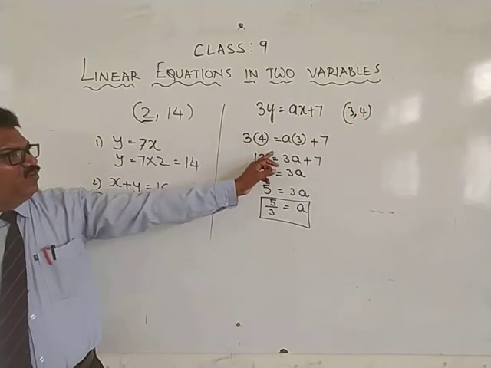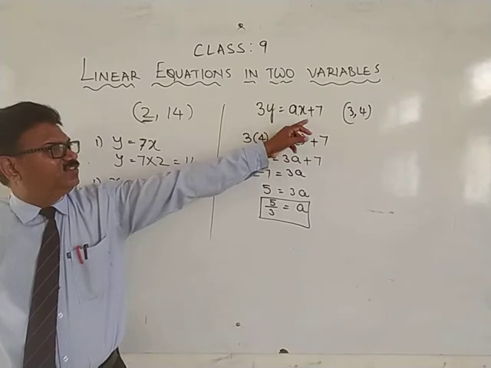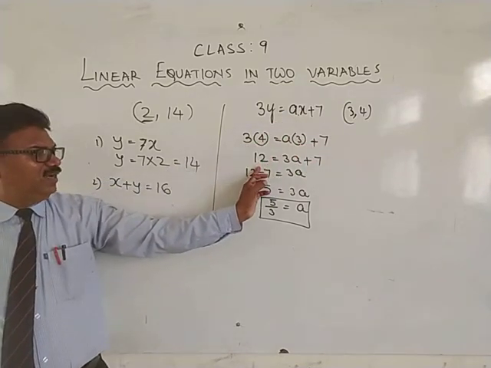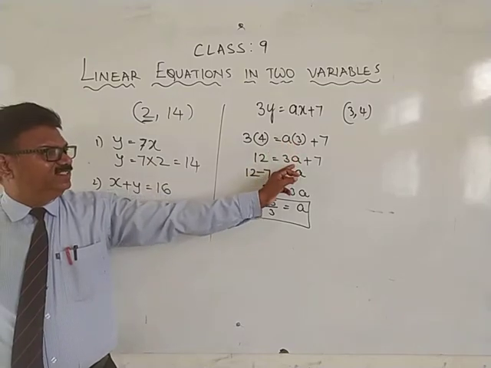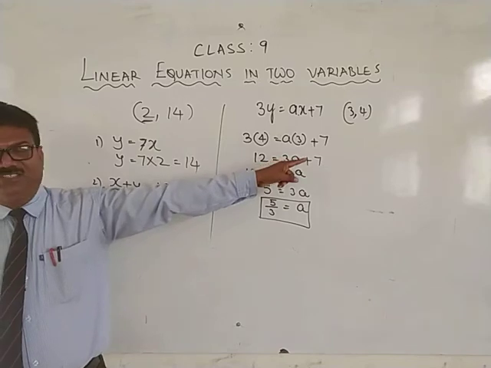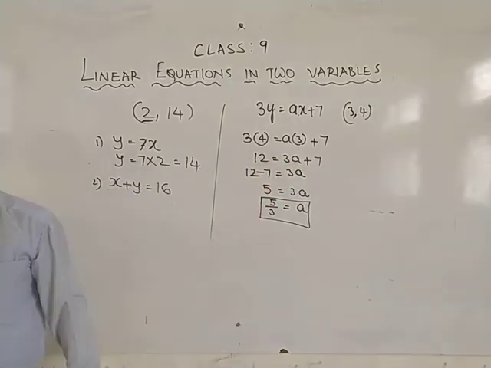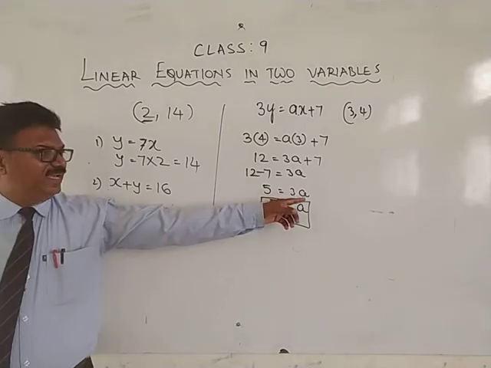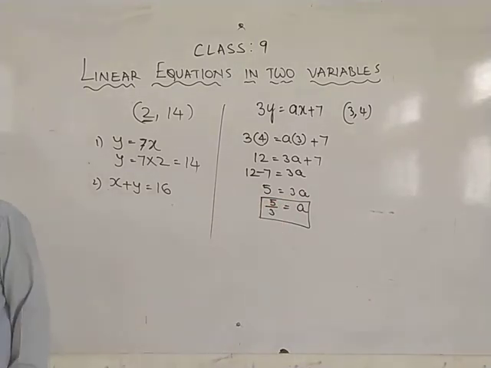Therefore 3 into 4 equal to a into x value, which is 3, plus 7. 3 4s 12. a into 3 is 3a plus 7. 3a equal to 12 plus 7. If it goes that side, it will become minus 7. 12 minus 7 is 5. Therefore, a equal to 5 by 3. Please take it down.